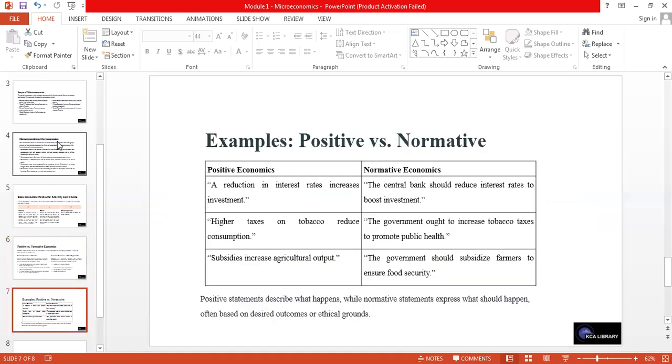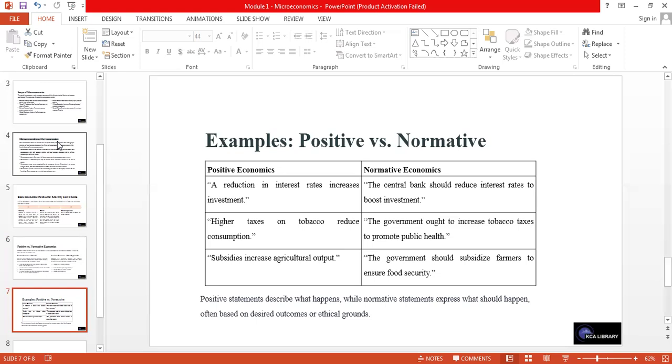Examples of positive and normative economics: for positive economics, we have a reduction in interest rates increases investment, higher taxes on tobacco reduce consumption, and subsidies increase agricultural output. So when there are subsidies for the agricultural sector, it actually increases agricultural output.